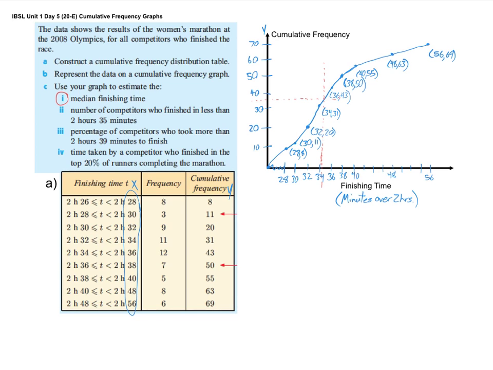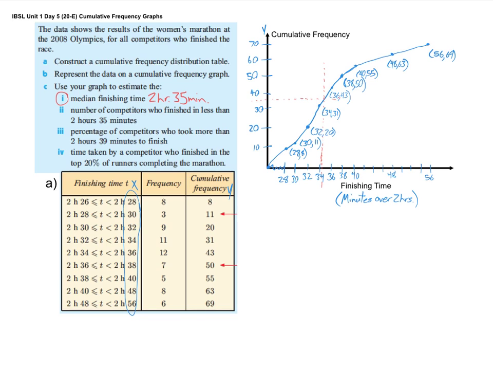All right, and we can see, okay, so the median time, what would you say is approximately? 2 hours and 37 minutes. Not 37. 35. Yeah, it's between the 34 and the 36, so approximately 35.